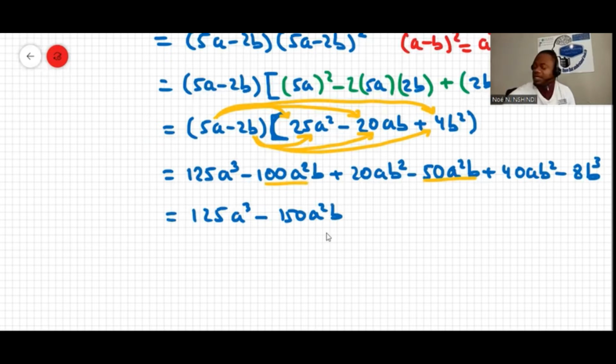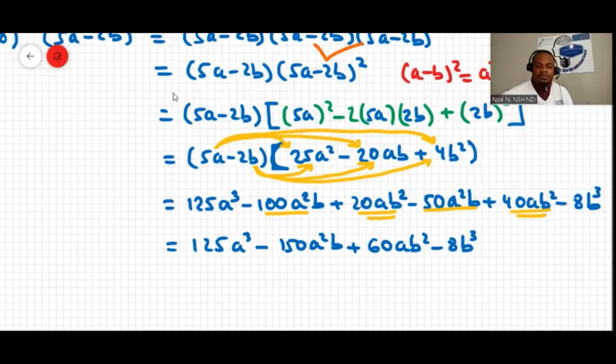And then terms that end with ab squared, we have this one and that one. We can combine the two. That makes positive 60, because positive 20 plus positive 40 makes 60ab squared, minus 8b cubed. Okay, and that's the final answer. Thank you.